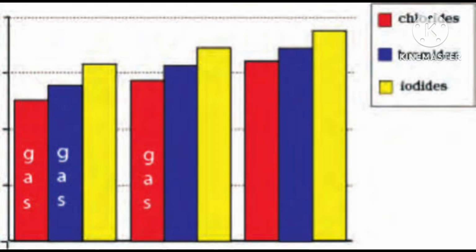And now in the third isomer, when it is branched, one CH3 is attached to the central carbon, only 4 carbons in total, and bromine is also at the second carbon. Now its boiling point is further less.